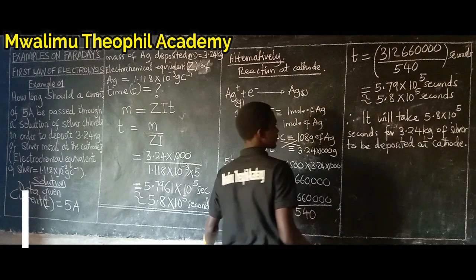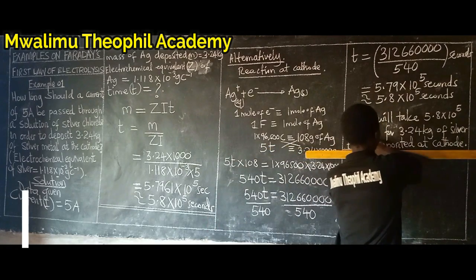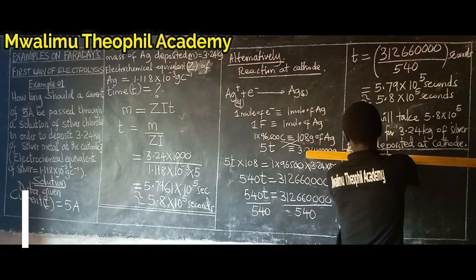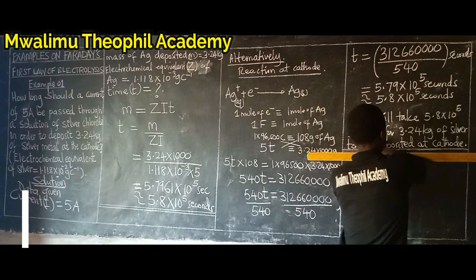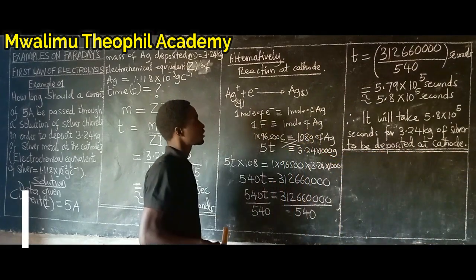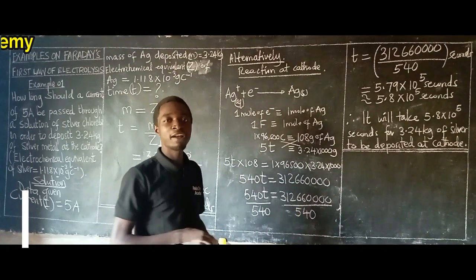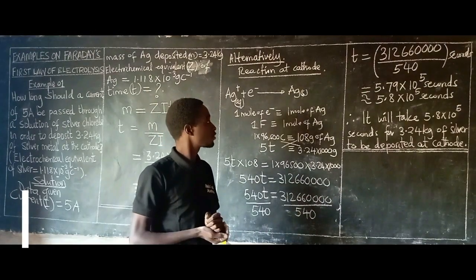This is the answer which is required for this question. Now, I hope you have gained a lot on the way we solve various problems concerning Faraday's first law of electrolysis.